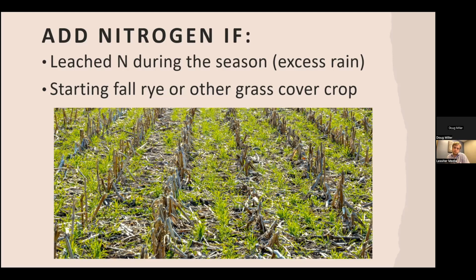And if you don't have that much out there, you're asking your nitrogen to do double duty, and you're going to slow down your residue decay and harm that cover crop, or at least slow its progress. And so some additional nitrogen may be required if you're going to put on a fall grass cover and want to get it started. So there is a role for nitrogen. It isn't always required, but if you're in one of these situations, it's definitely something you want to consider.